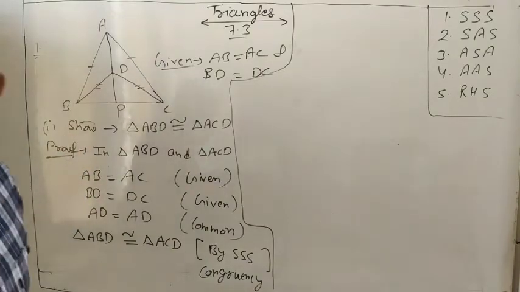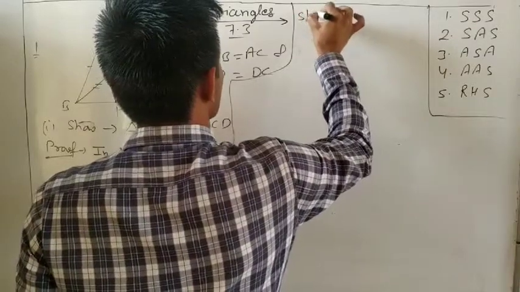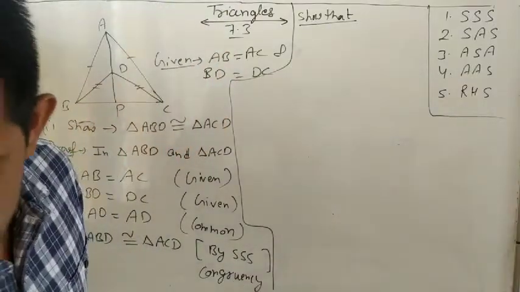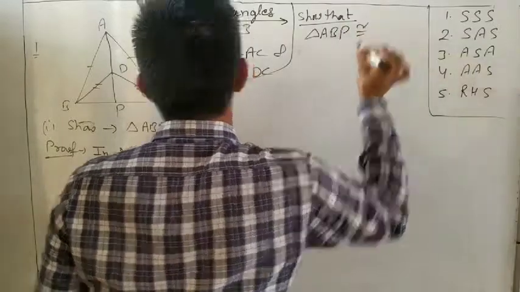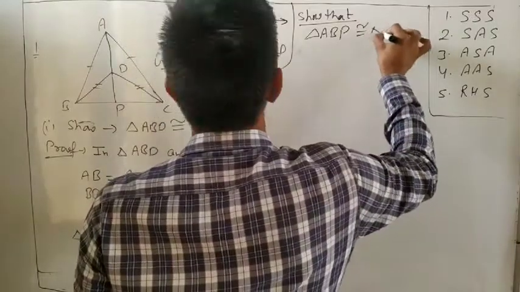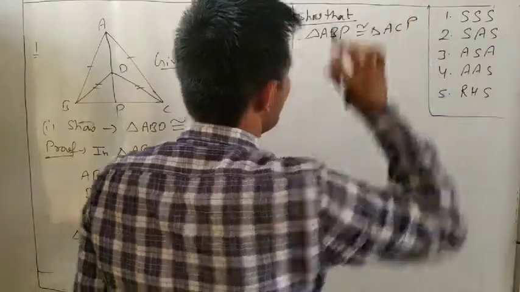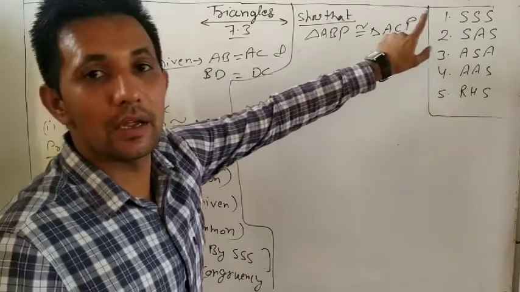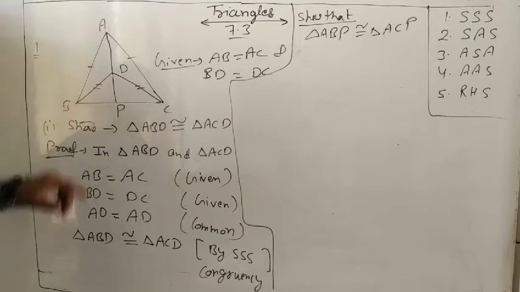Now in the second part, we have to prove triangle ABP congruent to triangle ACP. So now we will use triangle ABP and ACP.